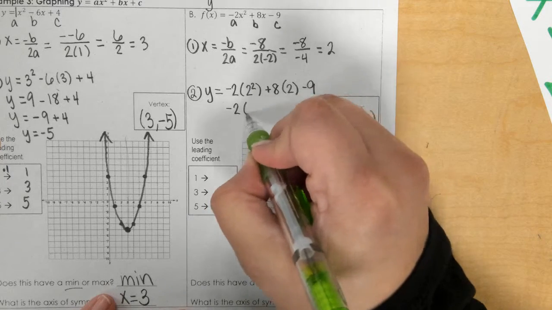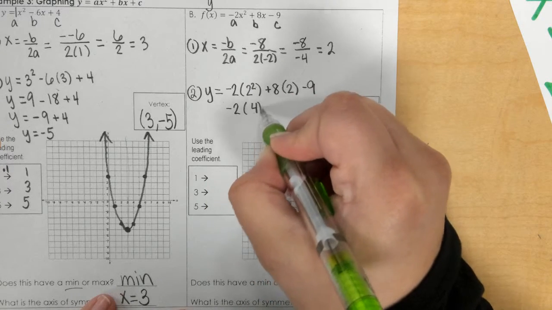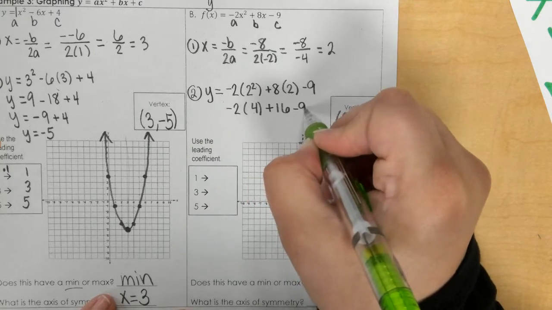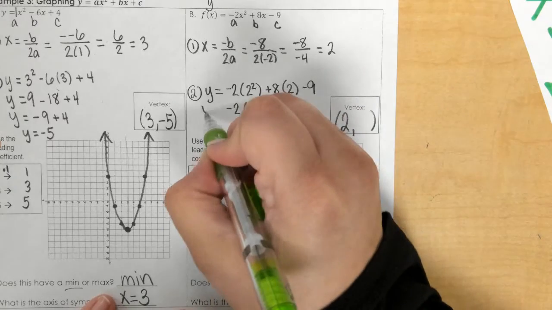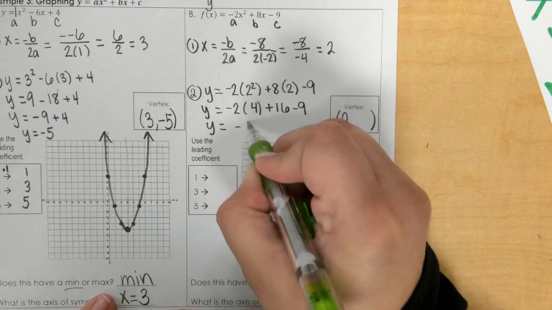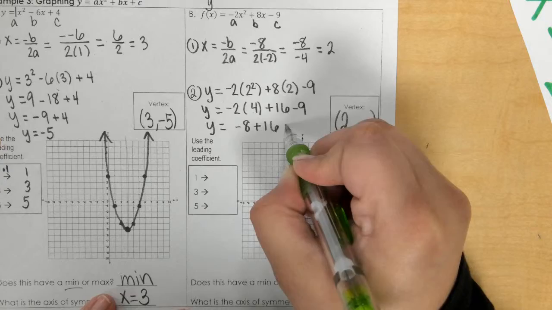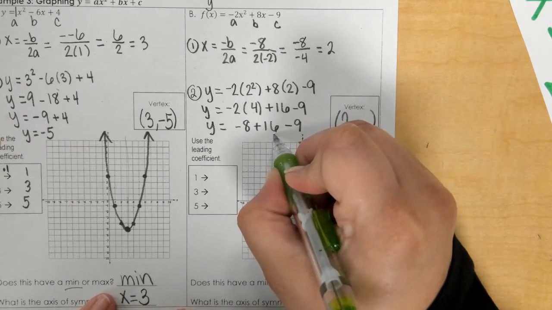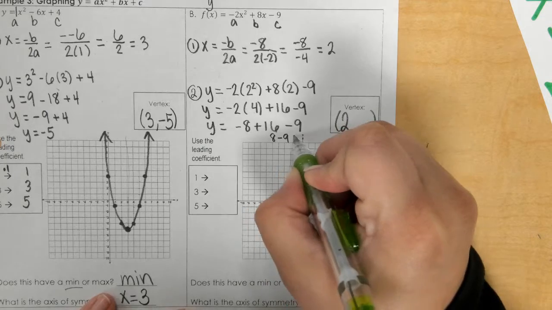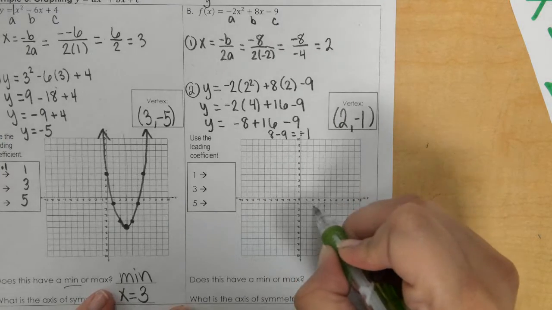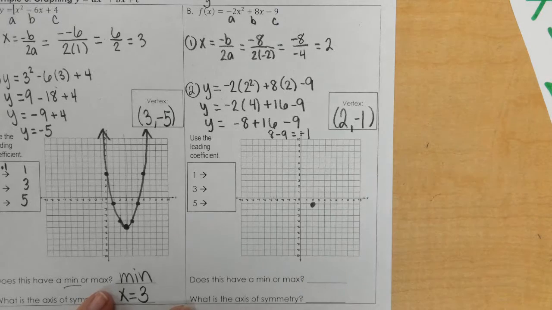This gives me -2. 2 squared is 4. 8 times 2 is 16 minus 9. Multiply these, we get -8 plus 16 minus 9. So -8 plus 16 is 8. 8 minus 9 is -1. So I would plot 2, -1, and that's my vertex.